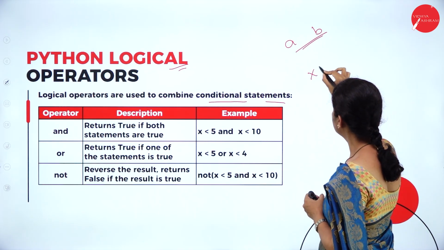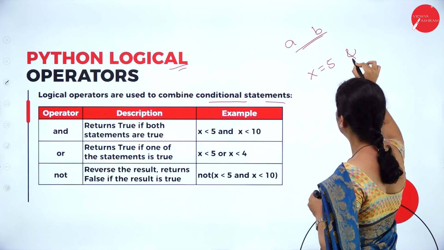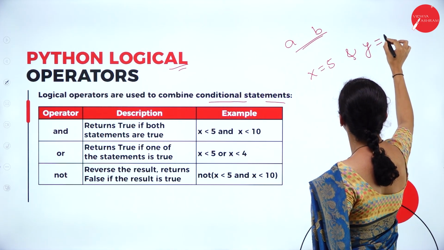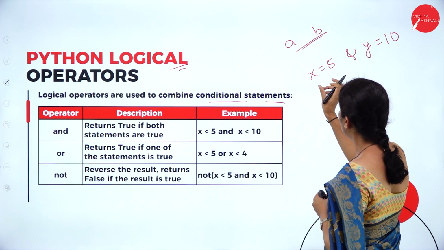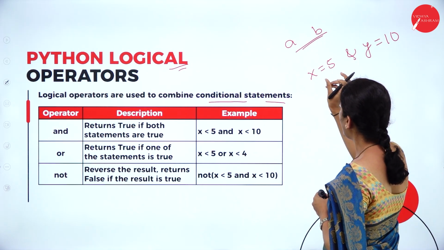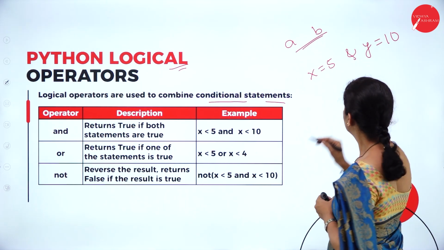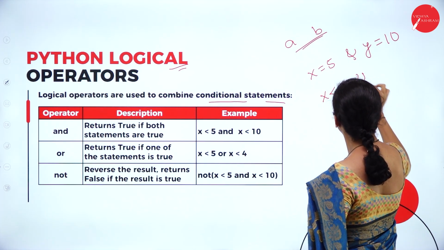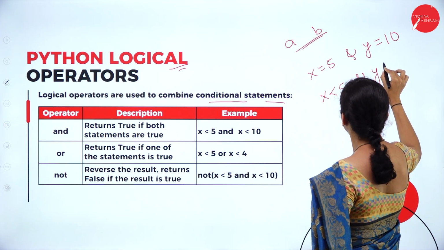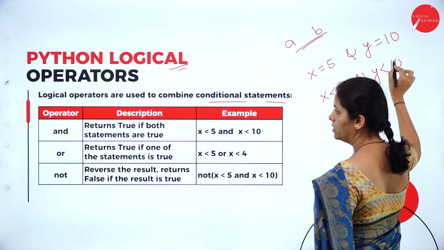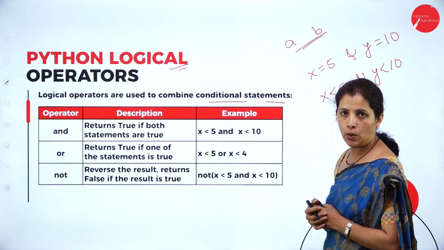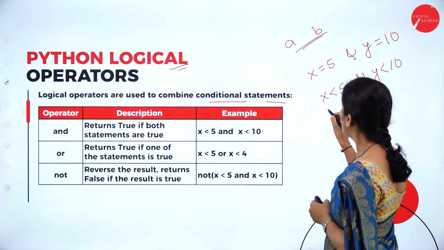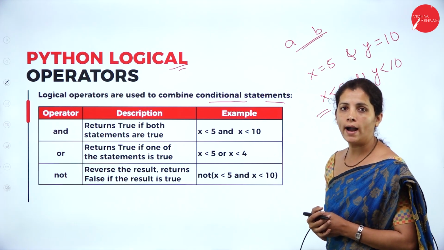See, X is 5 and Y is 10. So I want to compare X and Y. So X less than 5 and Y less than 10. If both are true, then I'm going to get true value.